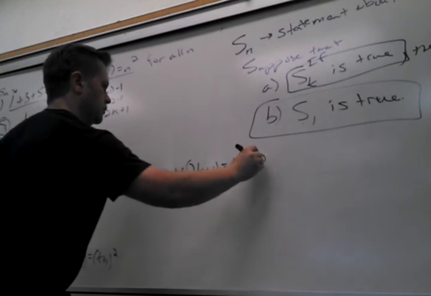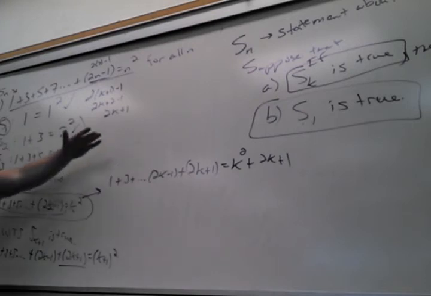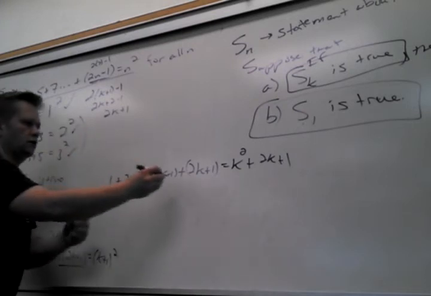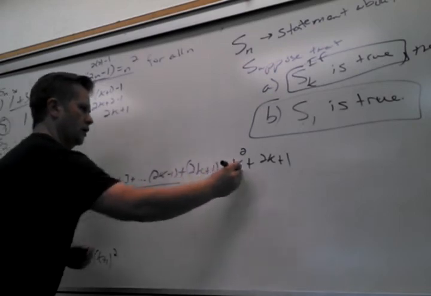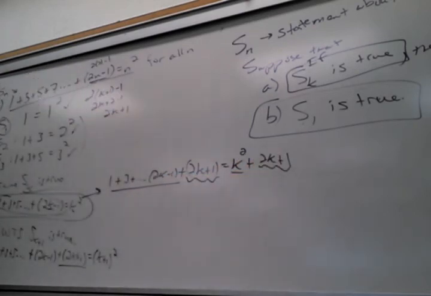Where am I at? k squared plus 2k plus 1. Now, it's totally legal what I just did, because I started with what I know is true, and I added this term in. I can do that all day long. The additive property of equality: I can add the same thing to both sides of an equation. So I got this side looking the way it's supposed to.